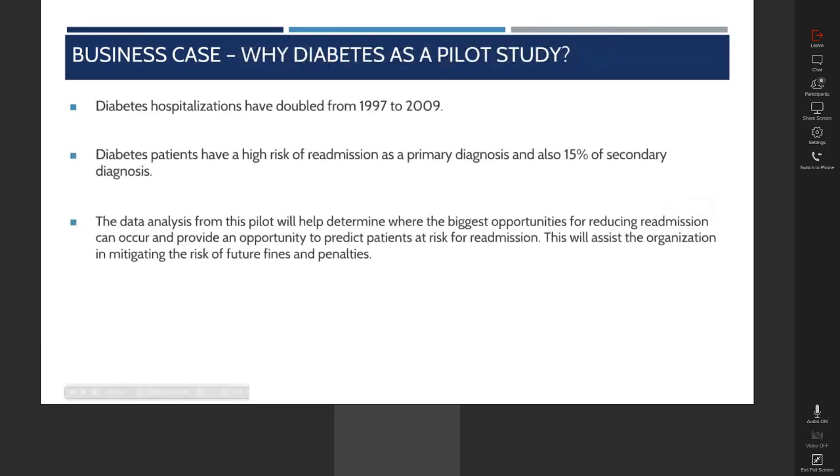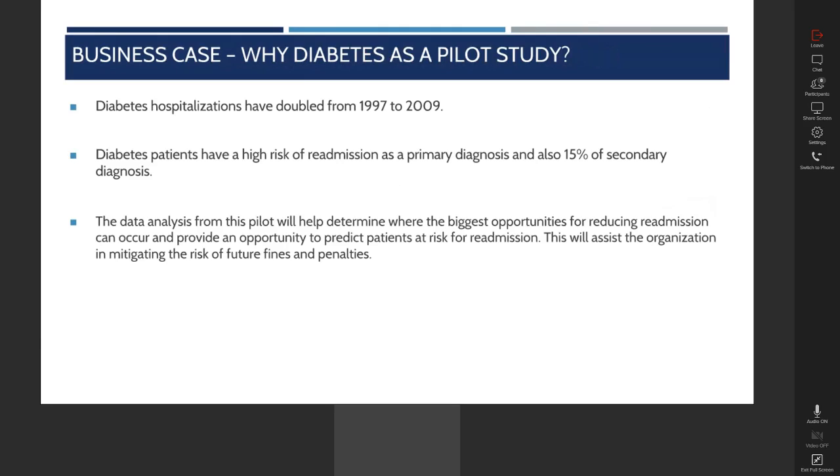So why a study? Why a diabetes pilot study? Diabetes hospitalizations have doubled from 1997 to 2009. Diabetes patients have a higher risk of readmission as the primary diagnosis and also 15% as a secondary diagnosis.